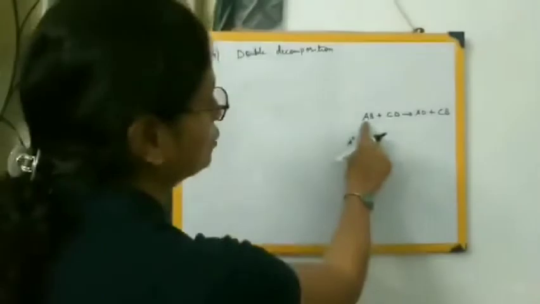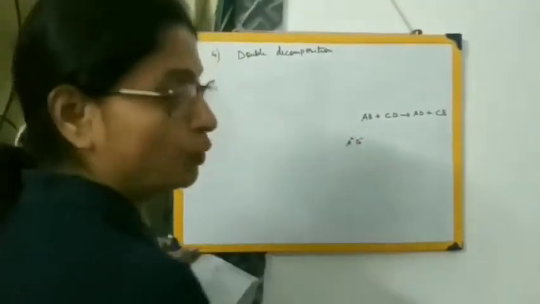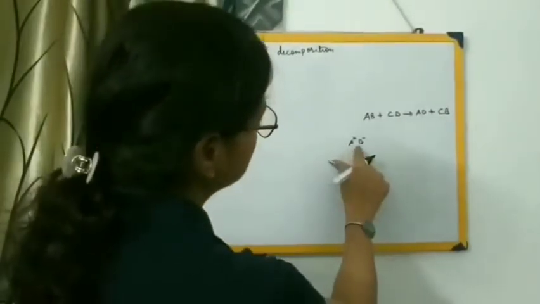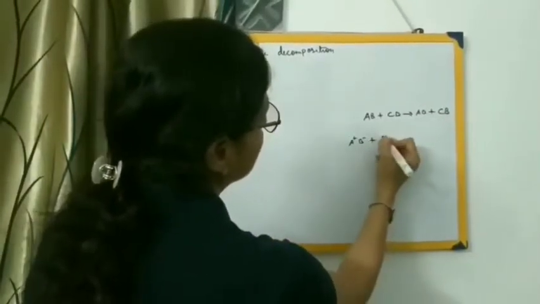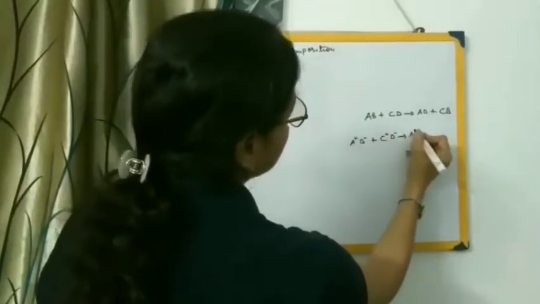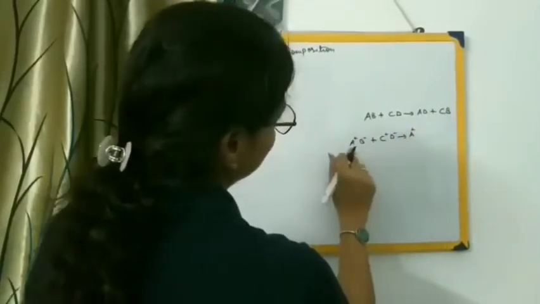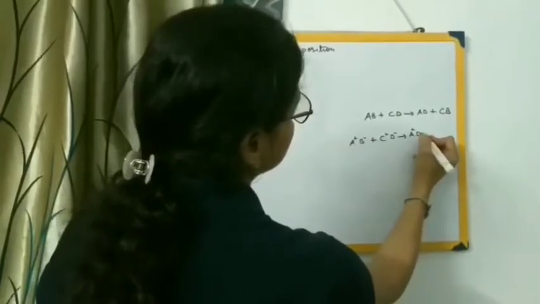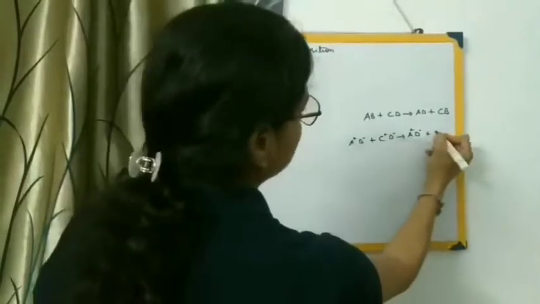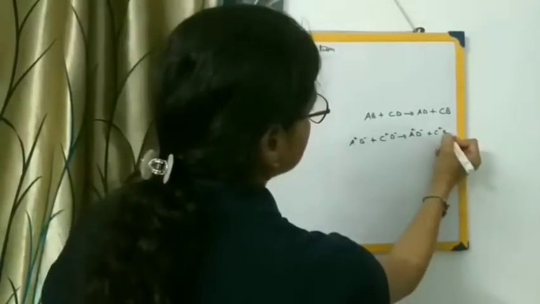We always write down the positive ion first and the negative ion afterwards. So A plus B minus, plus C plus D minus, gives A plus along with D minus, plus first we write the positive, that is C plus B minus.